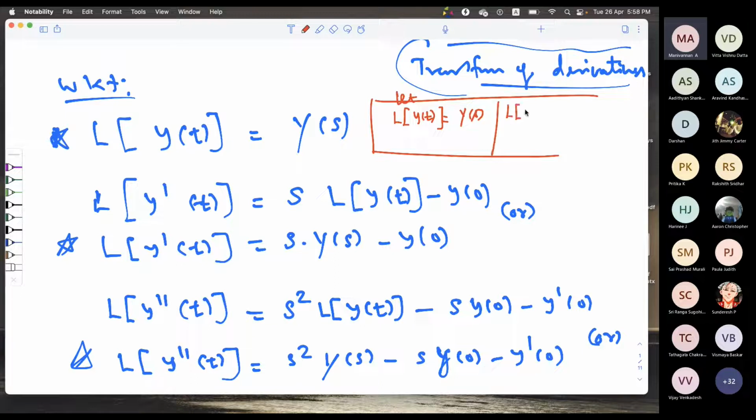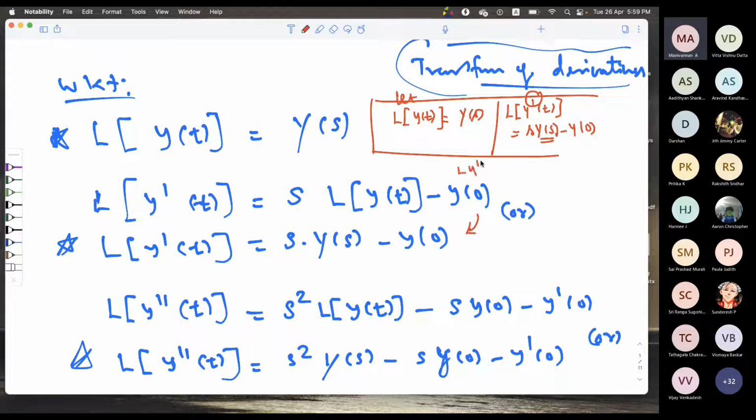And L of y derivative of t, the first order derivative, using the formula we discussed in our third module, is s into Y of s minus y of 0. This Y of s actually came from s into L of y of t minus y of 0. So this can be written as s into Y of s minus y of 0.